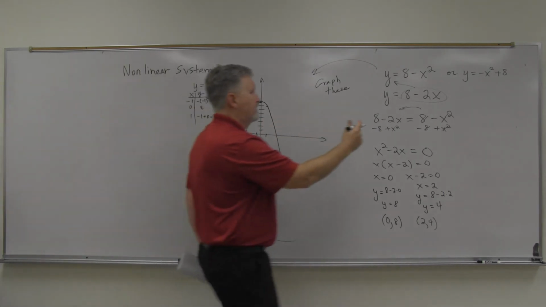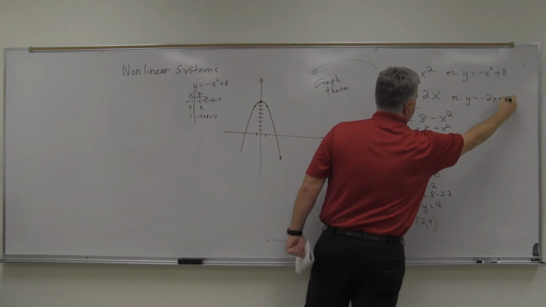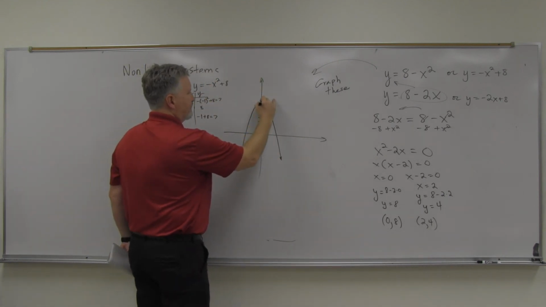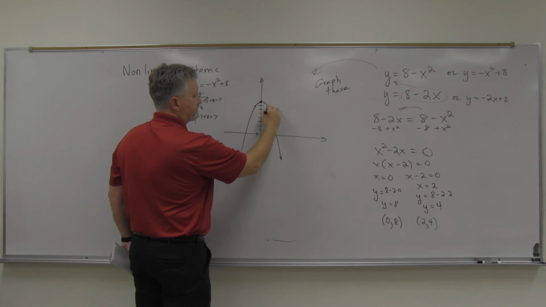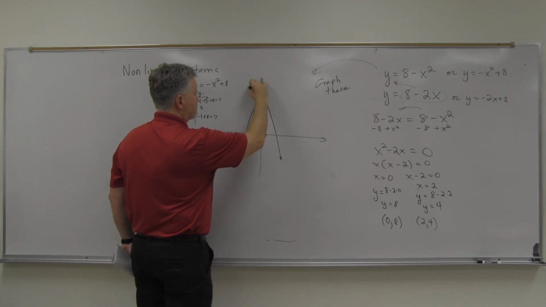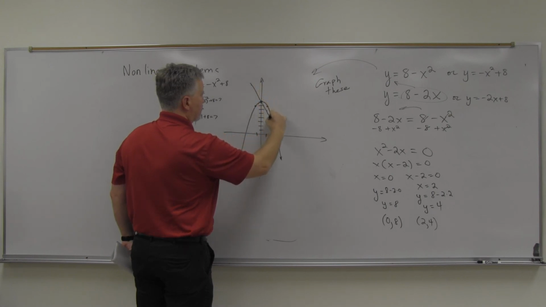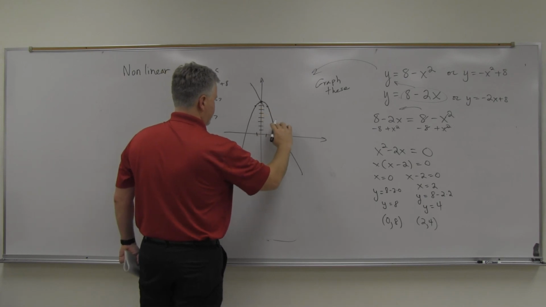Well, that's just a line. Minus 2x plus 8, again maybe a little more familiar. So yeah, there's our y-intercept 8, down 2, over 1. There we go. I didn't do a good job hitting my point though.